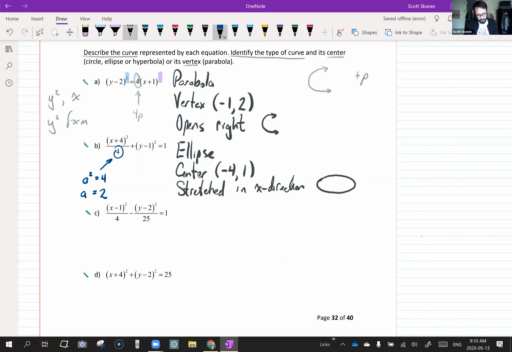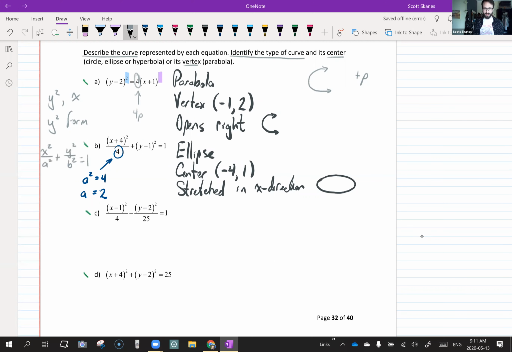Now, how do we know it's an ellipse? I know that it's x squared plus y squared form. And one way I actually like to write this down, well, actually, that's probably enough. x squared over a squared plus y squared over b squared equals 1.